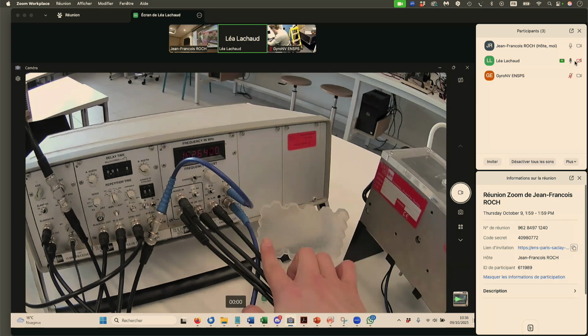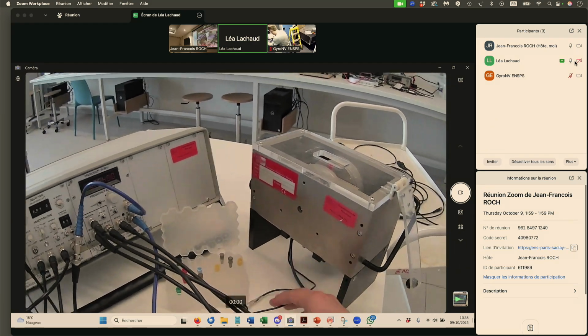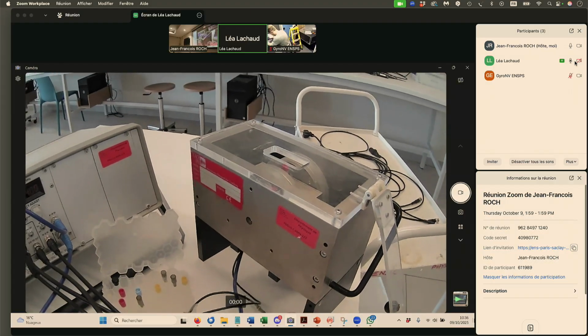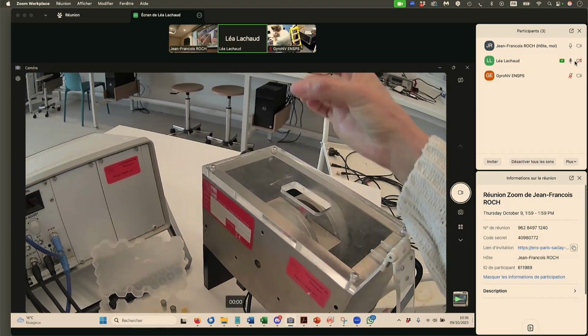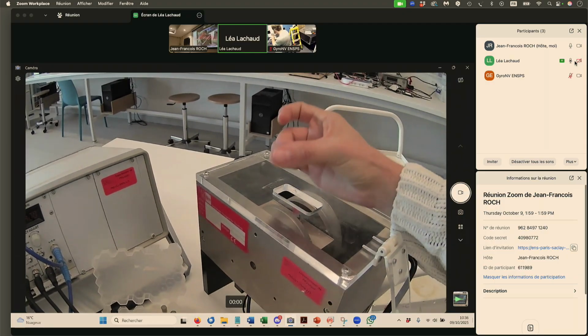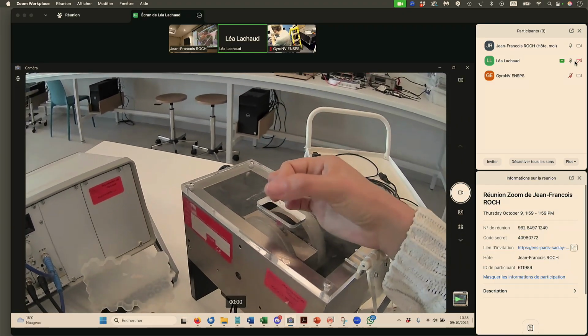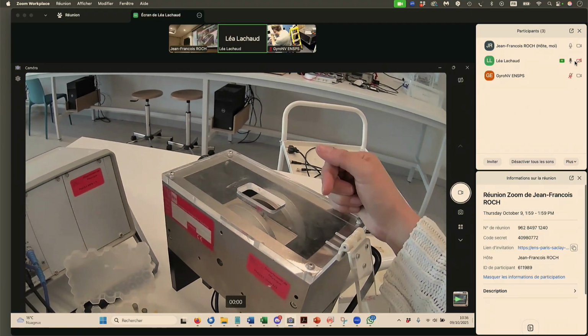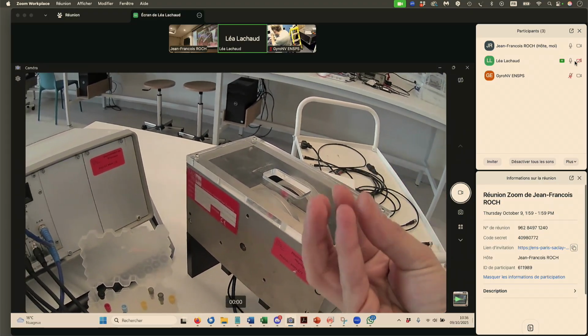And through this little blue cable, it's going to excite the excitation coil, right? Into which the sample containing an organic liquid with spins, with protons.